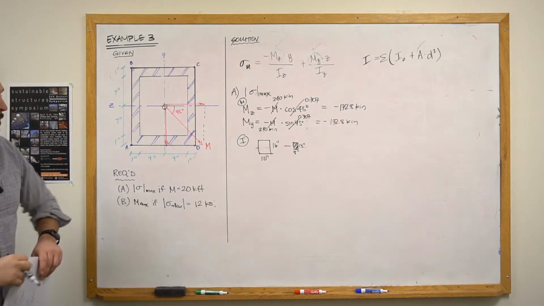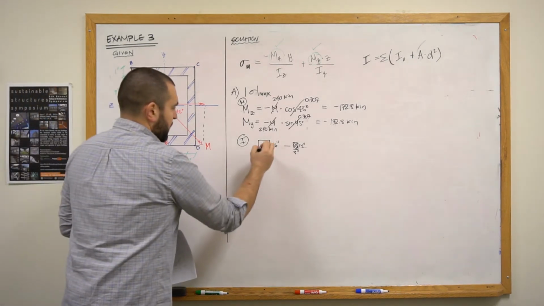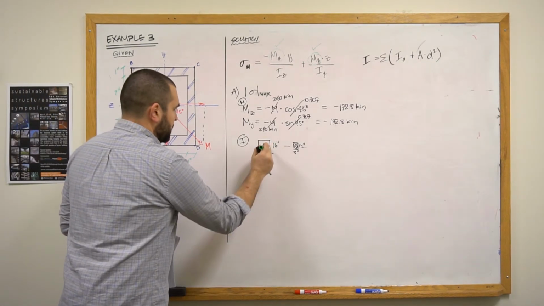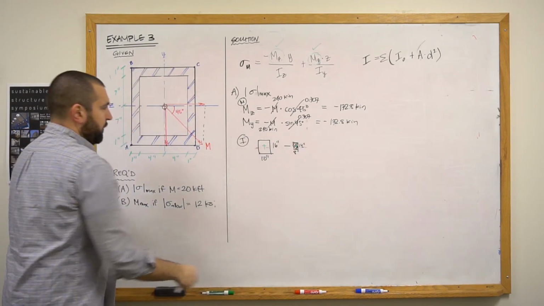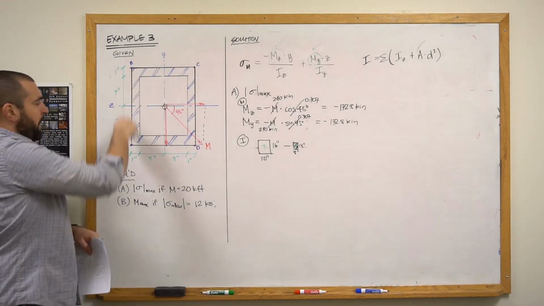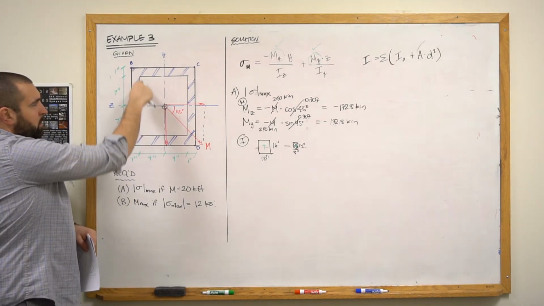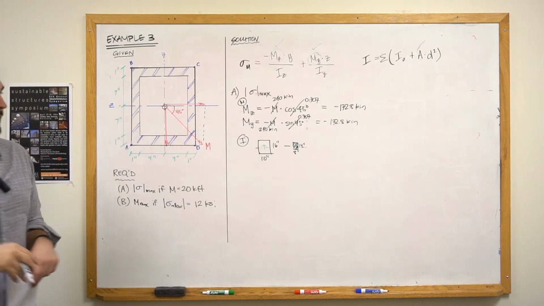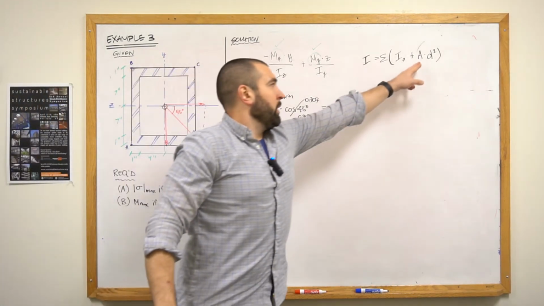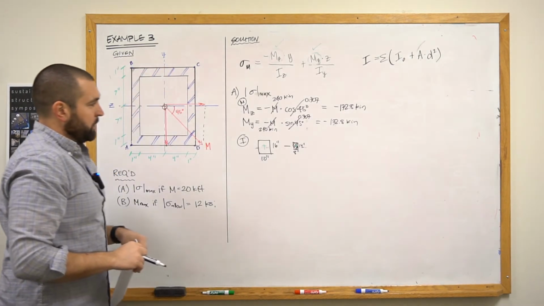Now the reason that that's a benefit is because the centroid of each of these shapes, whether it's positive or negative, they line up. The centroid of the outer rectangle is in the middle. The centroid of the inner negative rectangle is also in the middle. And that means that we don't have any of the Ad squared term to deal with.